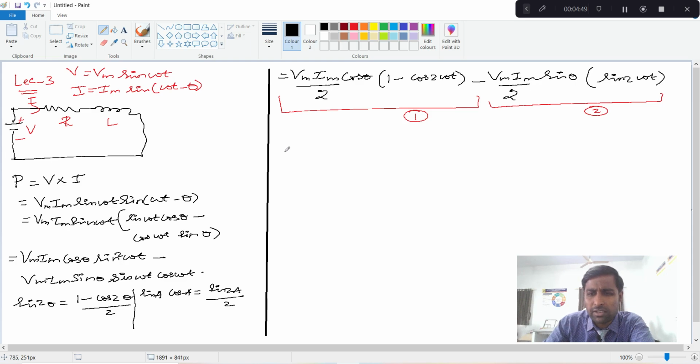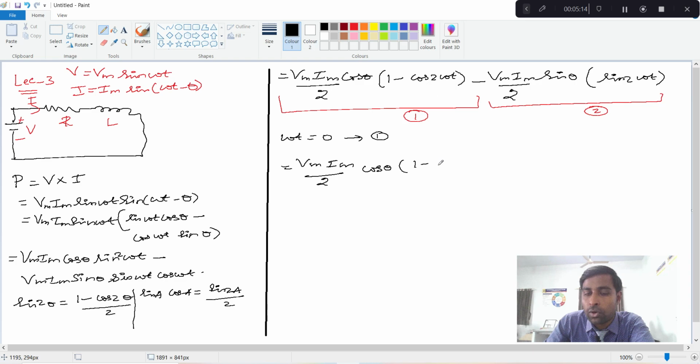Before that, I am going to substitute omega t equal to 0 in the first expression. So this is Vm Im by 2 cos theta times 1 minus cos 2 omega t, and 2 into 0 will give you 0.